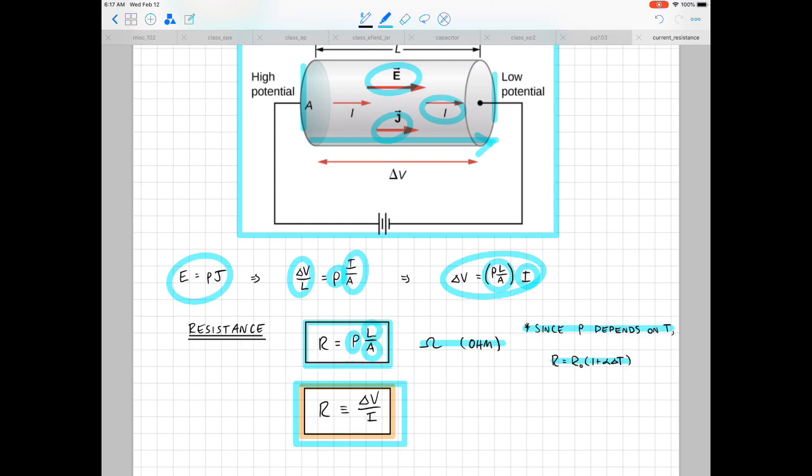The resistance is defined as the voltage drop across the element divided by the current flowing through.